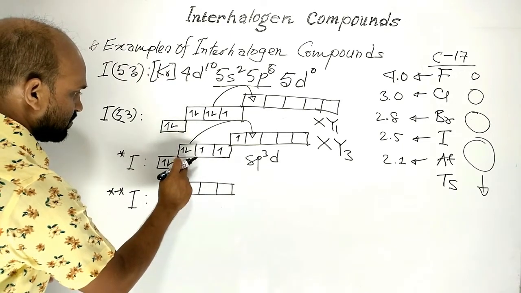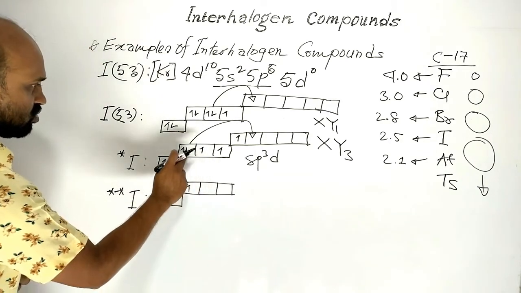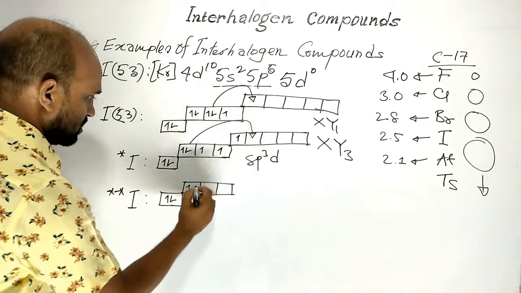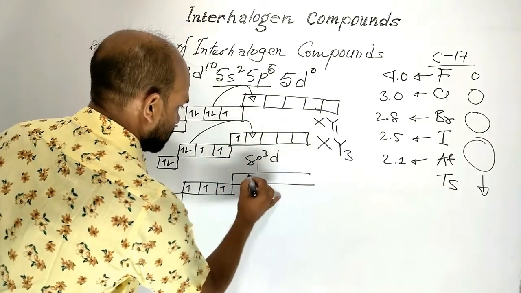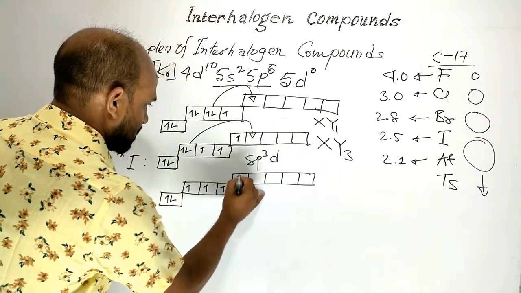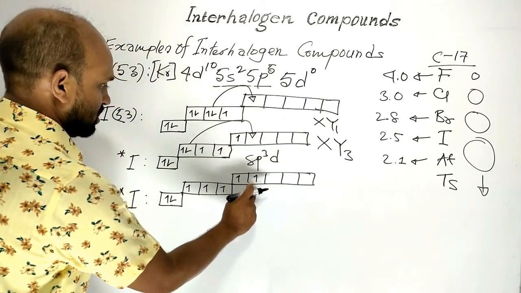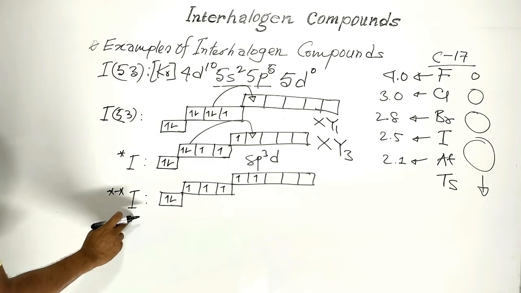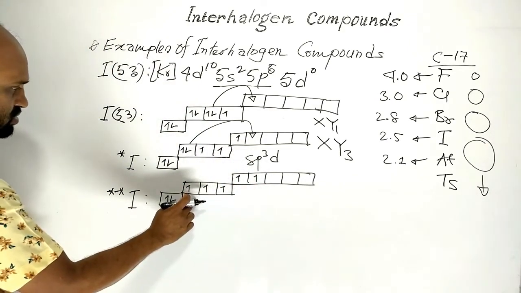Now the 5px orbital contains 1 electron because 1 electron shifted to the vacant d orbital. Here 1, here 1, and d orbitals 1, 2, 3, 4, 5. This d orbital contains 1 electron, this d orbital contains another electron. Now in the outermost shell of iodine, there are a total of 5 unpaired electrons.